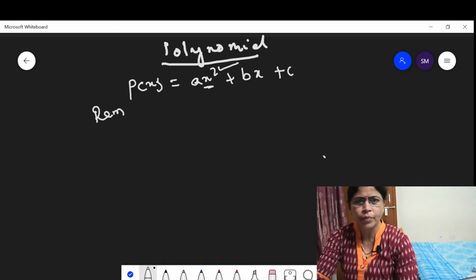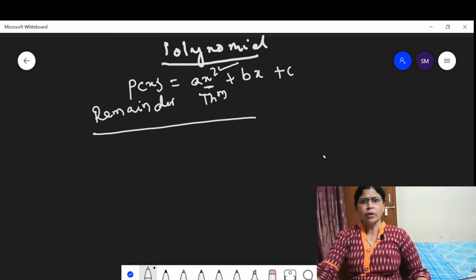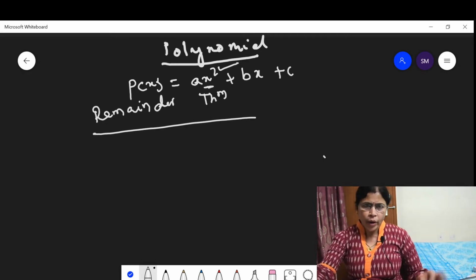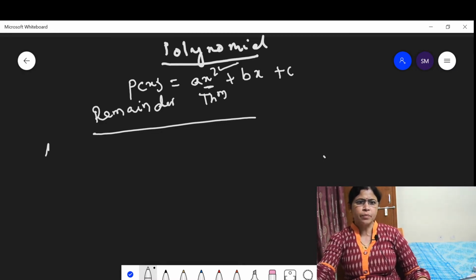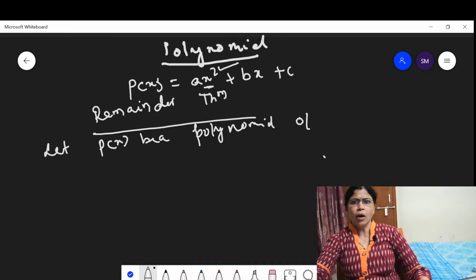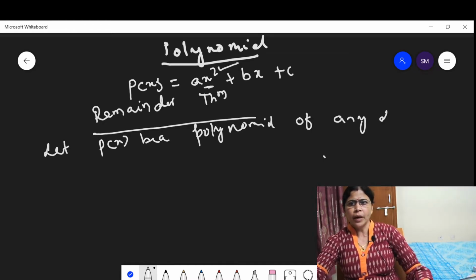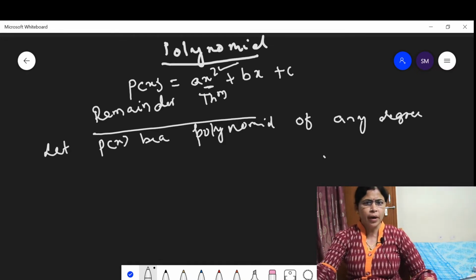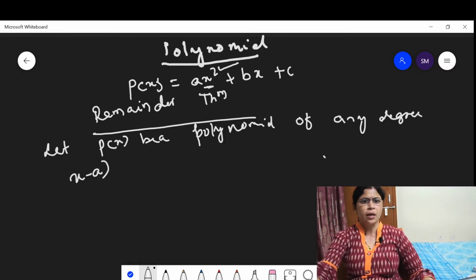the remainder theorem and factor theorem. At first we discuss the remainder theorem. Let P(x) be a polynomial of any degree, when this is divided by x minus a, another polynomial.